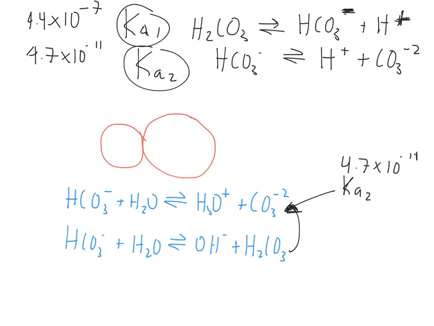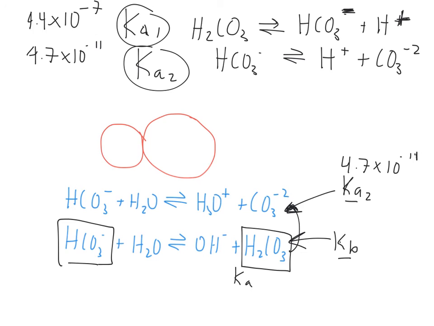In terms of this system, this is a Kb. You need a Kb here to compare to this Ka. But you need the Kb of this, which you can get from the Ka of its conjugate acid partner. That's a Ka1. So you need the Ka for carbonic acid, your H2CO3, which is the Ka1.